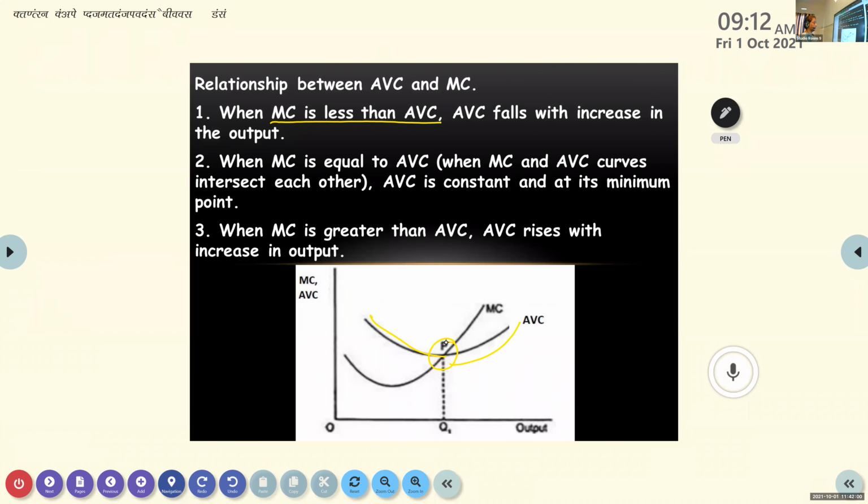Okay. Next. And when MC is greater than AVC, AVC also rises with the increase in output. As you increase the output, what will happen? AVC also increases. At what situation? When MC is greater than AVC.